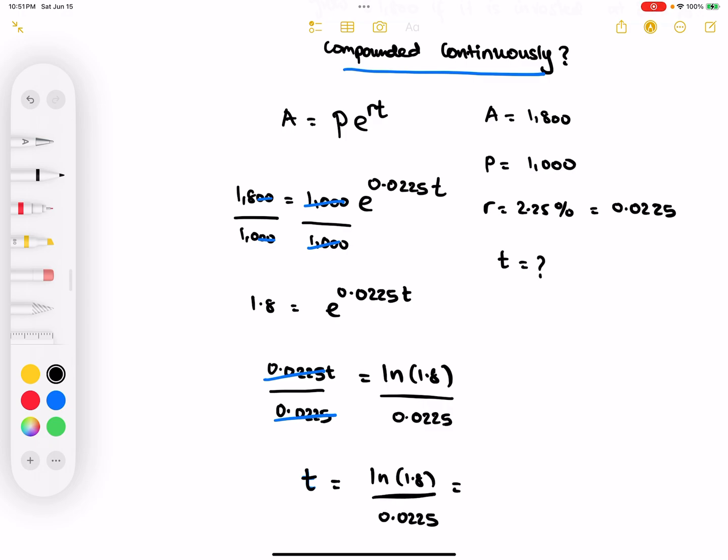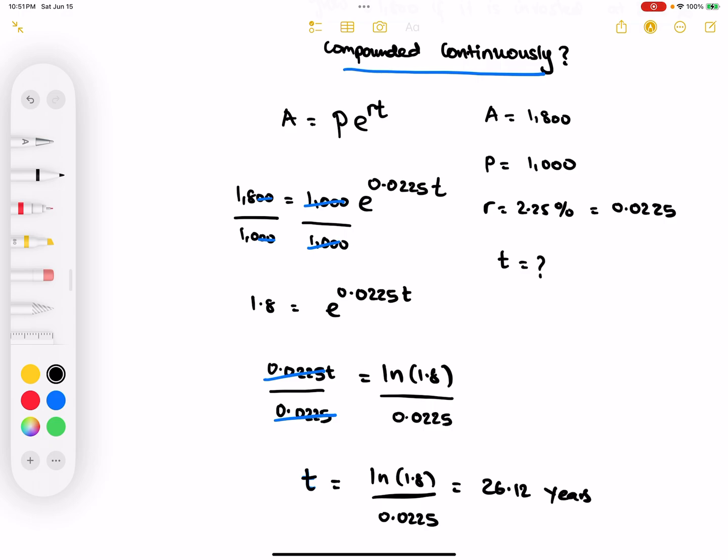So I have to go to my calculator and just click ln 1.8 divided by 0.0225. So the result becomes 26.12 years.